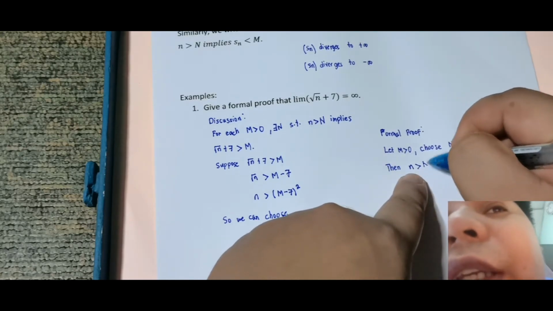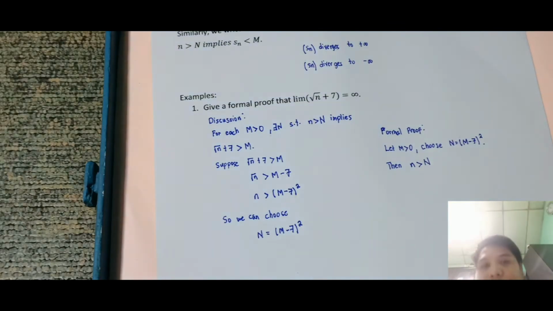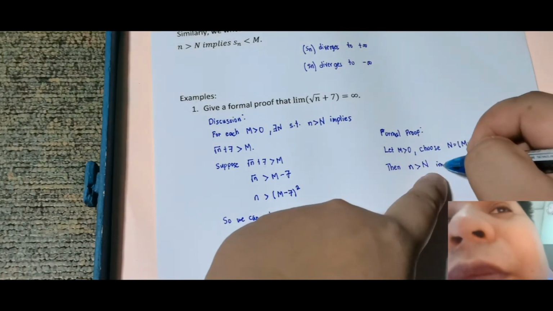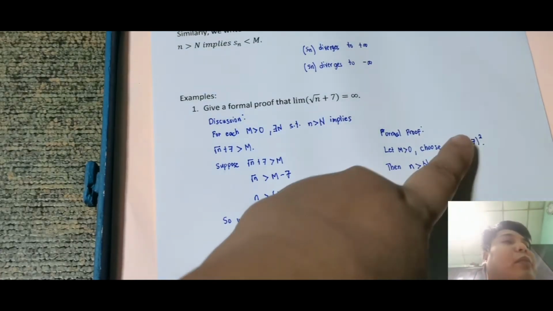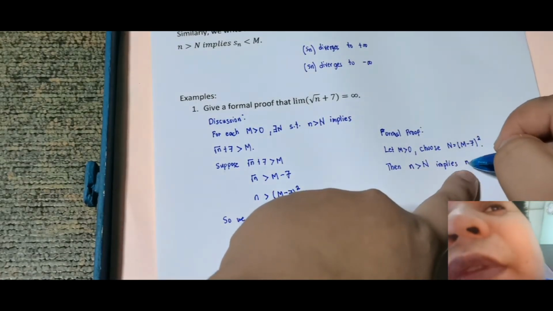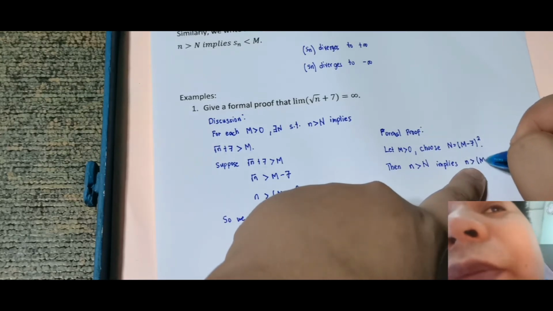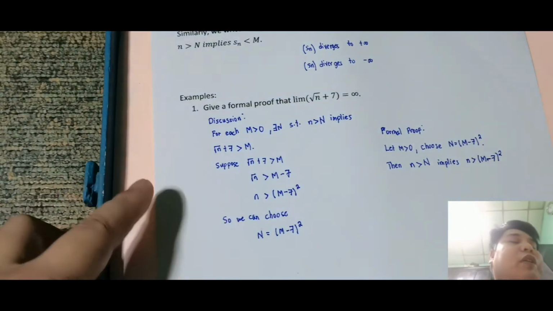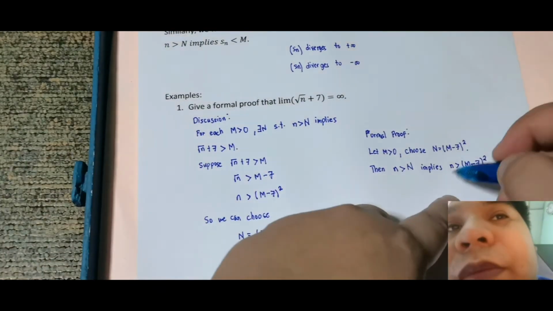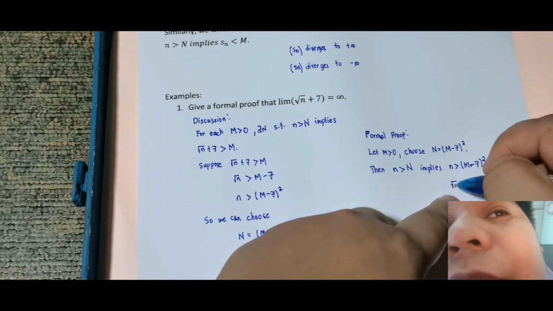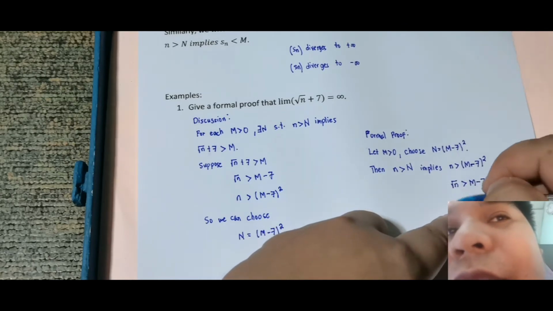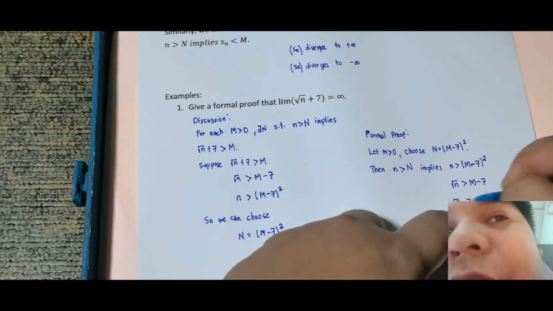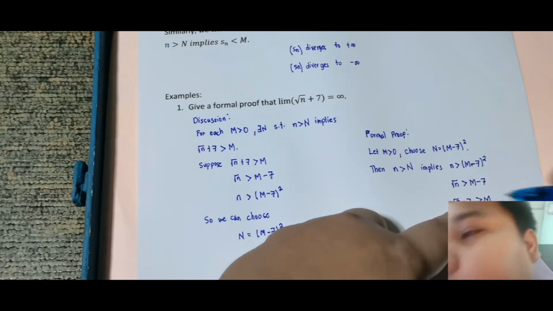n is greater than N, or capital N, implies, start tayo dito. So n greater than N, ipapalit natin yun. So implies n greater than (m minus 7) squared. Then pag ginawa natin ni square root both side, so this is square root of n greater than m minus 7, which implies that square root of n plus 7 is greater than m.